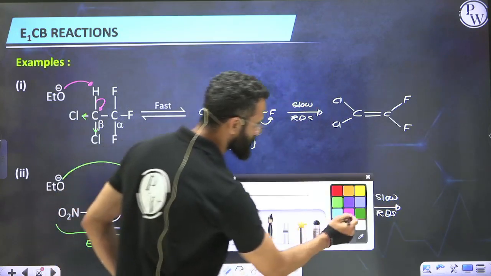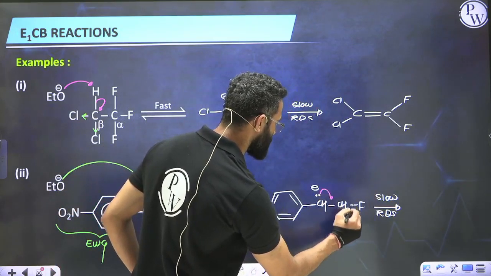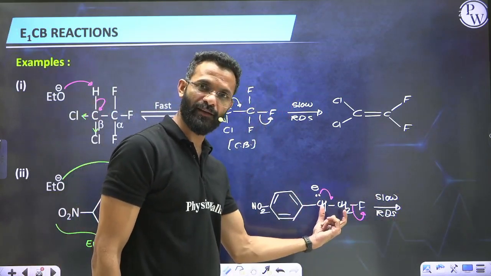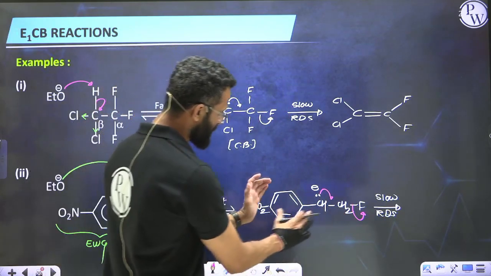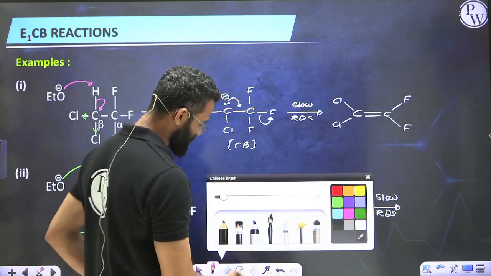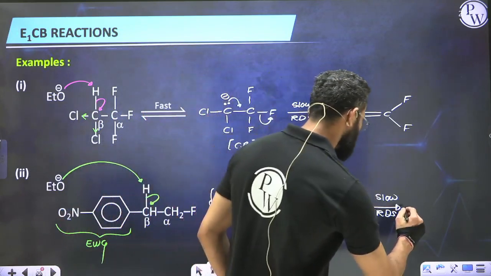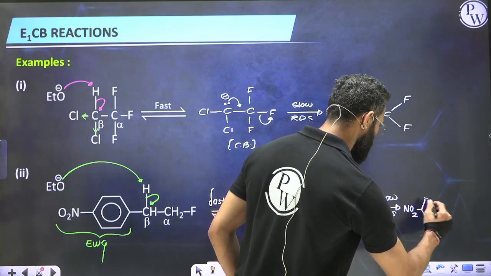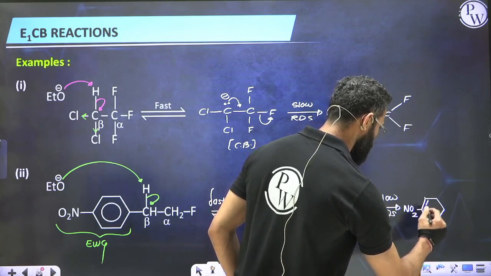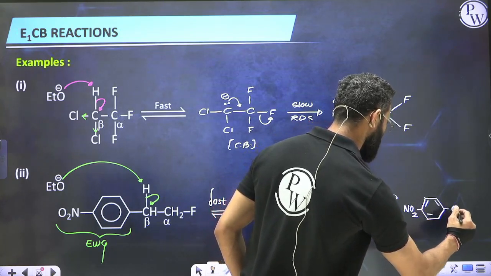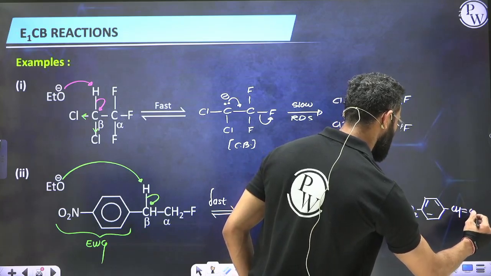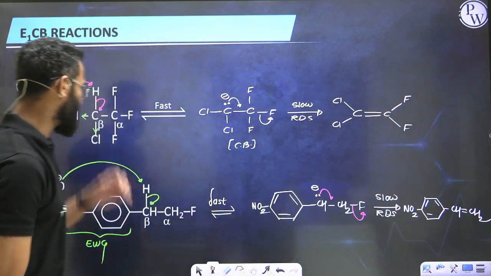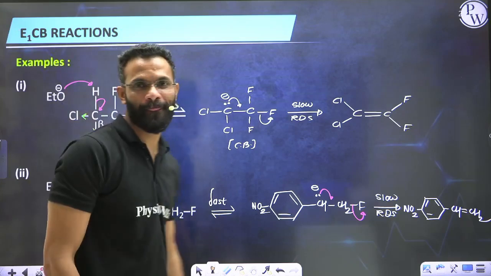The negative charge will delocalize, which will push away the poor leaving group F slowly. So we'll be getting a double bond over here. Right everyone? So phenyl ethene carrying nitro at the para position. So we will have nitro, phenyl ring with CH double bond CH2. That's your product. So guys, those are a few examples of E1CB.